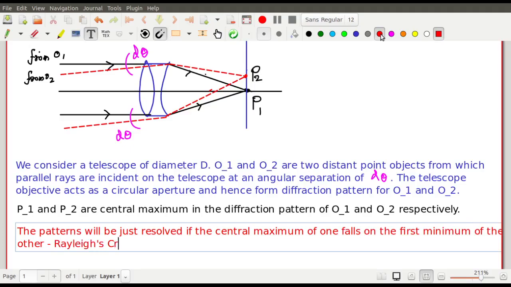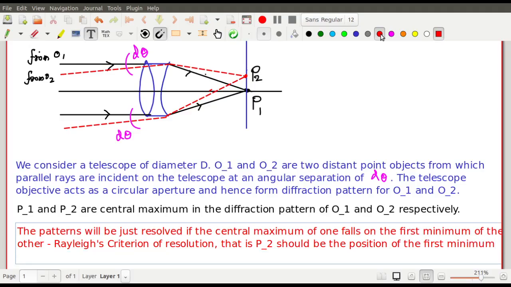Rayleigh's criterion of resolution. That means, that is P2 must be what?